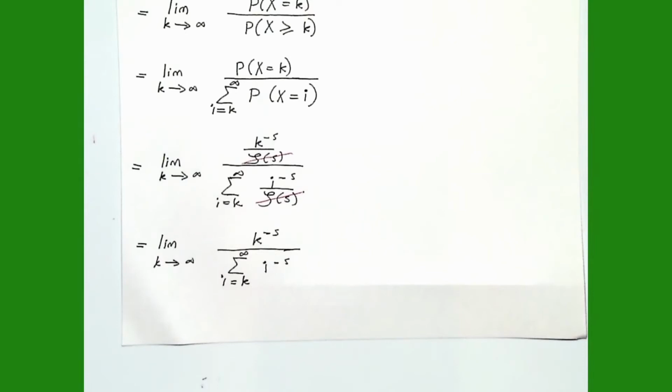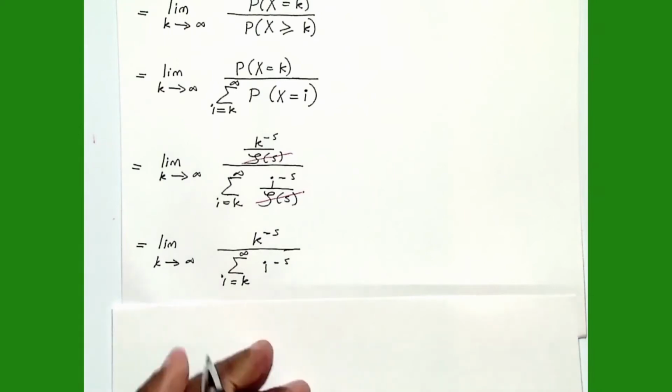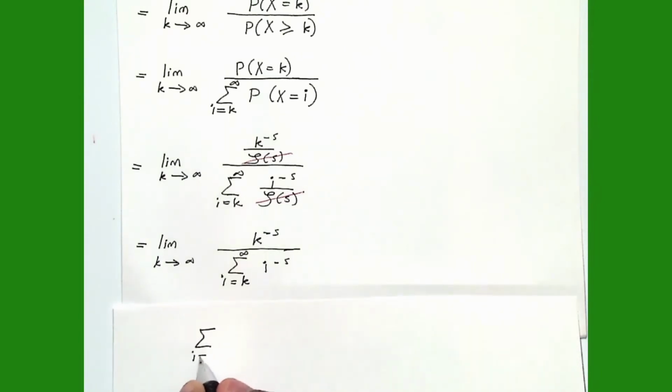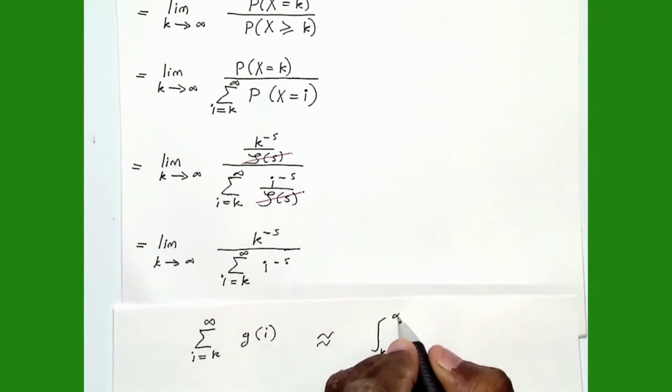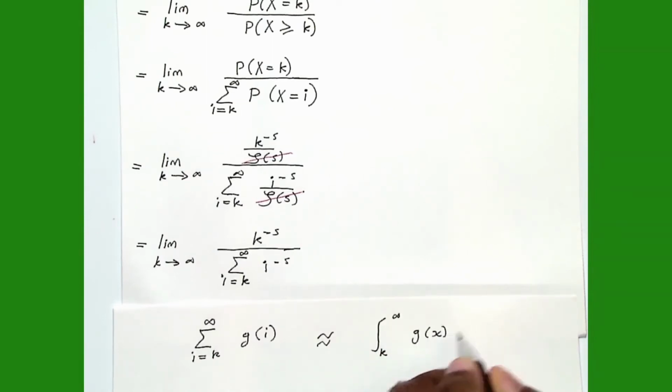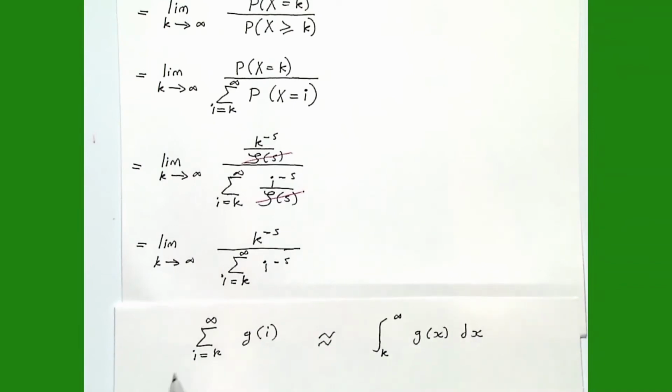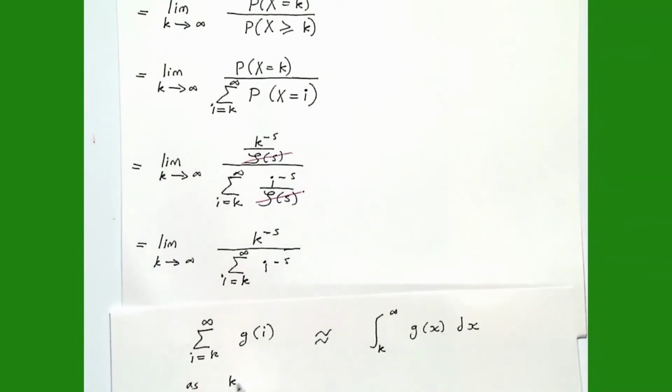You may know this or you may not. It's a trick in analysis. If you have a sum from k to infinity of a function g of i, then it can be approximated by the following, as k approaches infinity.